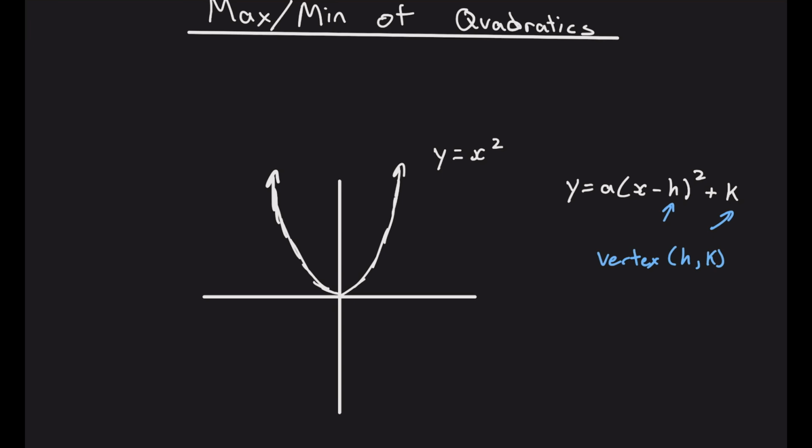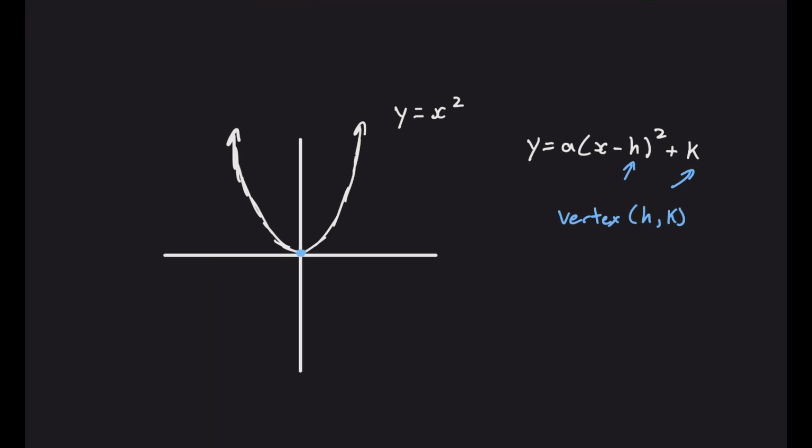And the vertex is the point on the quadratic, like right here, where the quadratic kind of splits off. And the vertex could be like that, where it is on the bottom. Or let me show you another example.